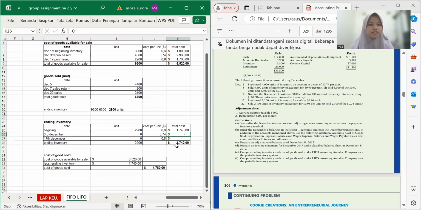So we get the ending inventory is 2,900 units, and the total cost is 1,740. And the cost of goods sold we get is goods available for sale, 6,520, less ending inventory, $1,740, and the cost of goods sold is $4,780. That's all for me. Thanks.